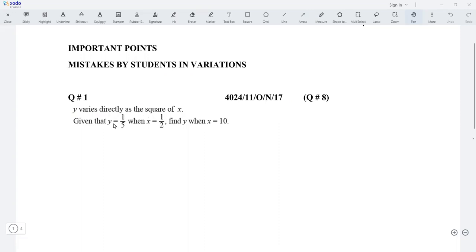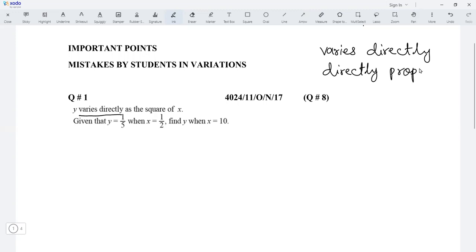First of all, try to understand the question, what's being asked. Look at the statement: if it is written "varies directly", or "directly proportional", or it is written without directly being mentioned, such as "y is proportional to the square of x" or anything, all of these categories are related to direct proportions.